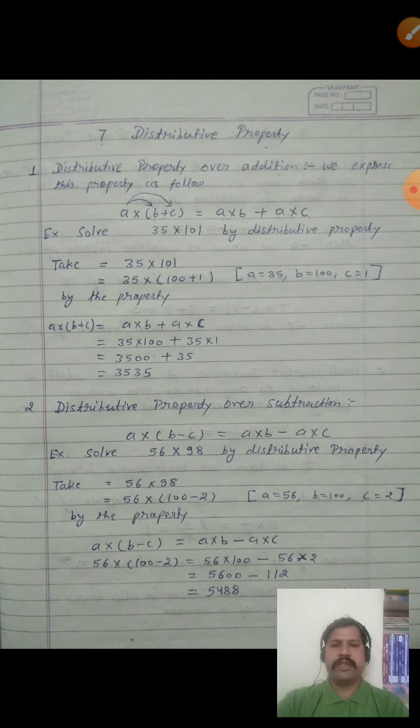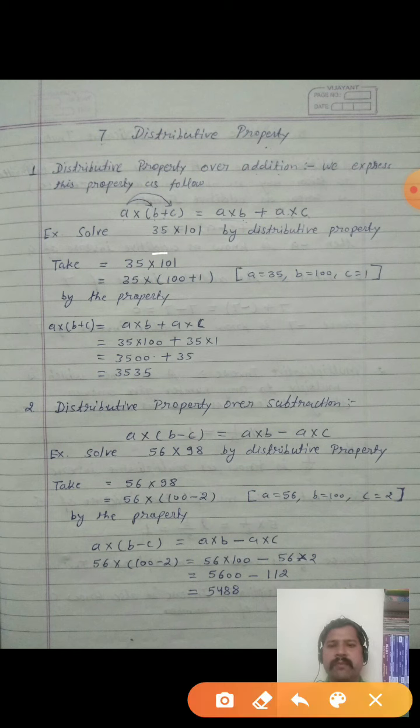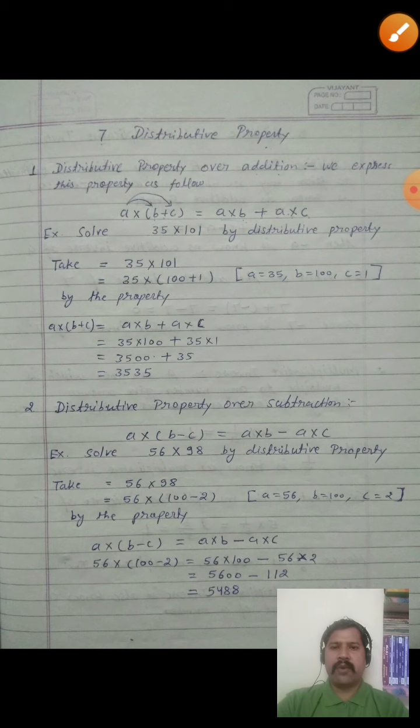So we choose a number, 101, and break it into two numbers, which is 100 plus 1. So take 35 into 101. Okay, so it is written as 35 into (100 plus 1), according to this property.